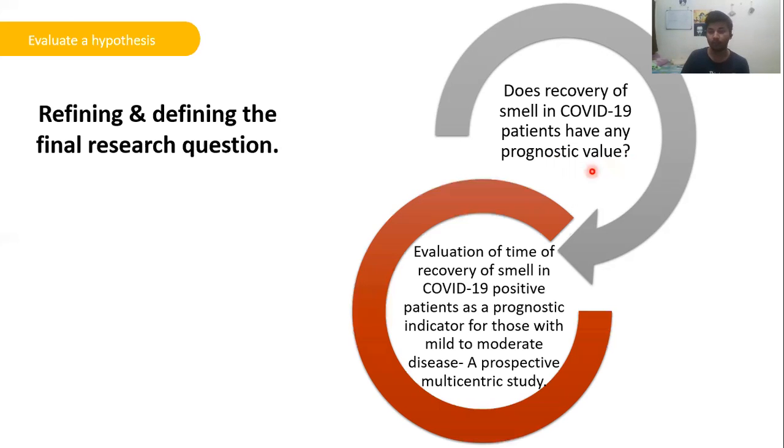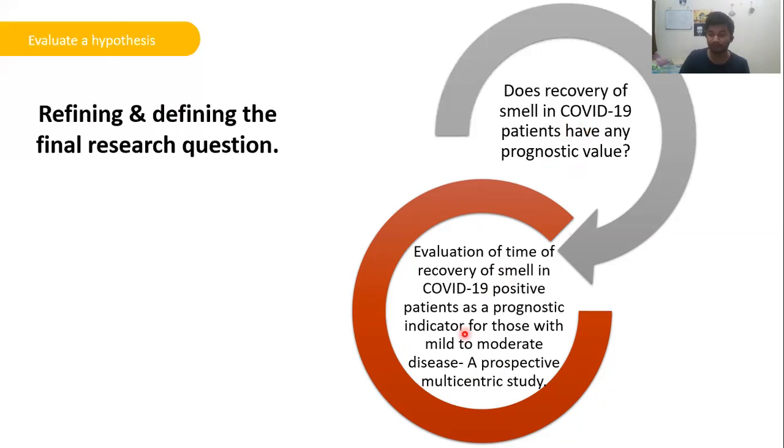Let's refine it. When I refined it, I used very crisp words: evaluation of time of recovery of smell in COVID-19 positive patients as a prognostic indicator for those with mild to moderate disease, a prospective multi-center study. Now see how I made everything very specific. Here I had just mentioned COVID-19, but in COVID-19 there are a variety of cases.